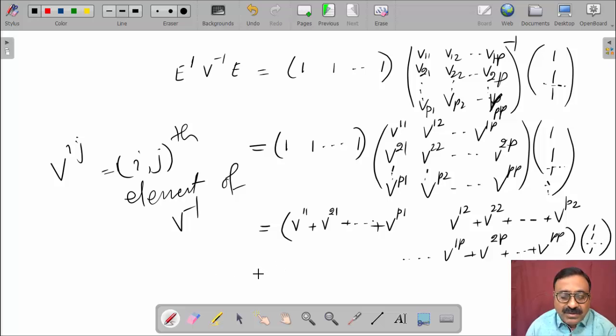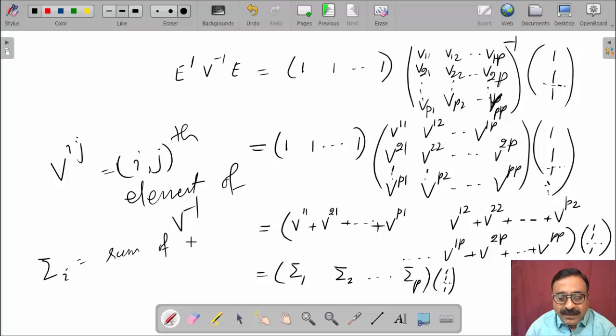Now this will be equal to sigma 1, sigma 2, sigma P, then 1, 1, and so on, where sigma i is the sum of P elements of the ith column of V inverse.